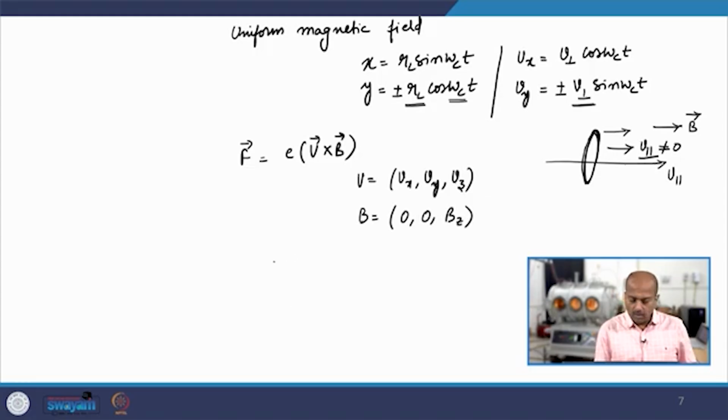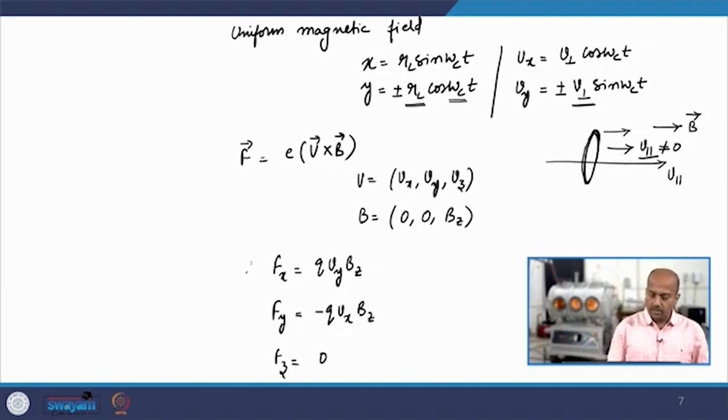Evaluate this curl, what you can get is Fx is going to be q Vy Bz, minus q Vx Bz for Fy, and Fz is equal to 0.